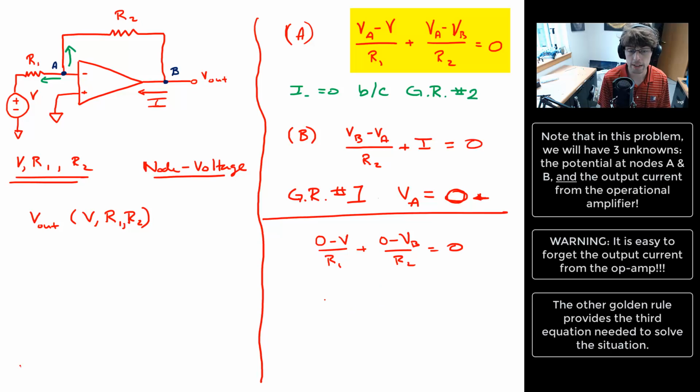And what do we get at the end of the day? We get that VB, the potential at B, must be equal to negative V R2 over R1.